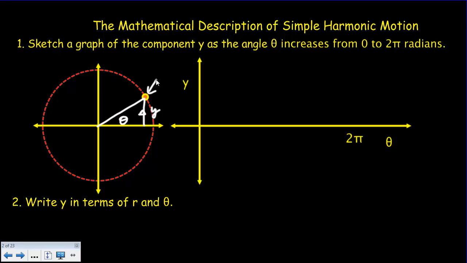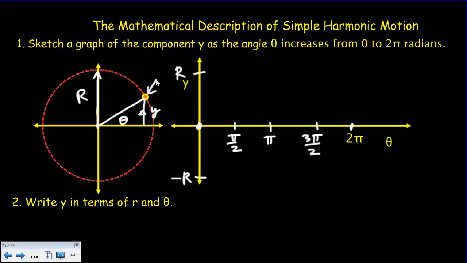Okay, so hopefully what you said was that the y value would be 0 when theta is 0, and that key points would be at pi over 2, a quarter of the way around the circle, pi, and 3 pi over 2. The maximum value of that y component would be the full radius, and the minimum value would be in the opposite direction with the same length equal to the radius.